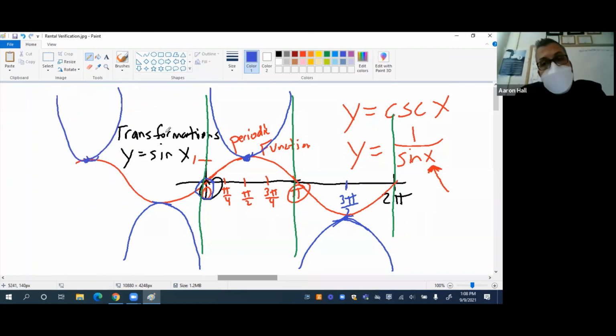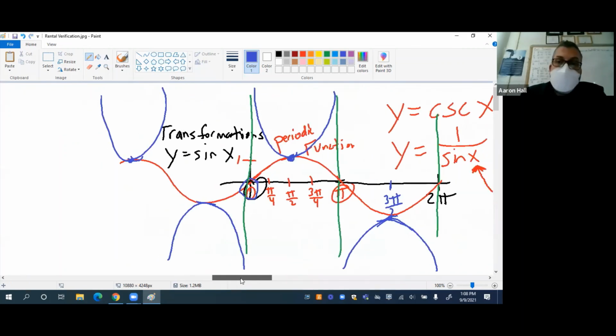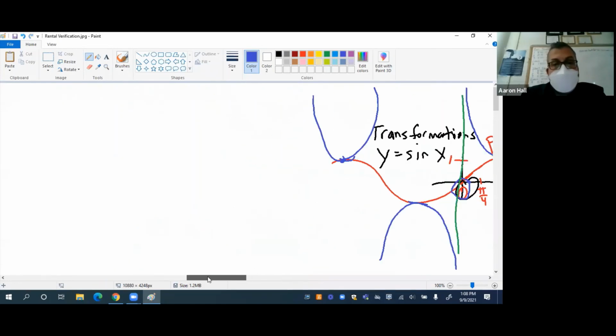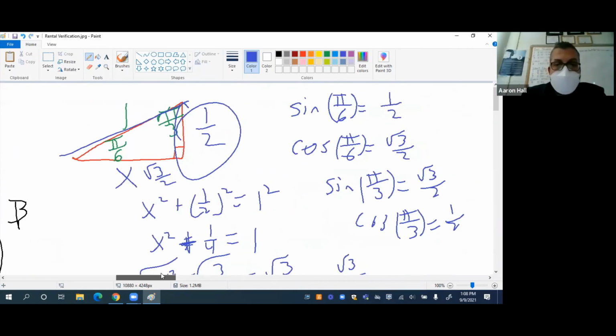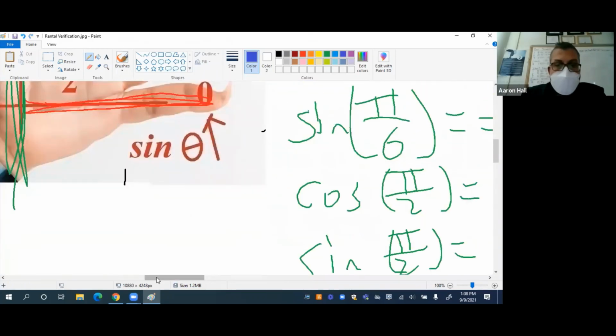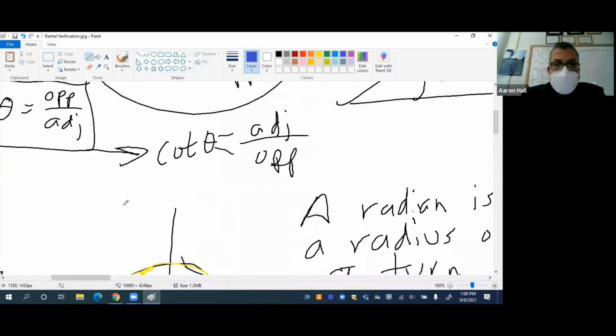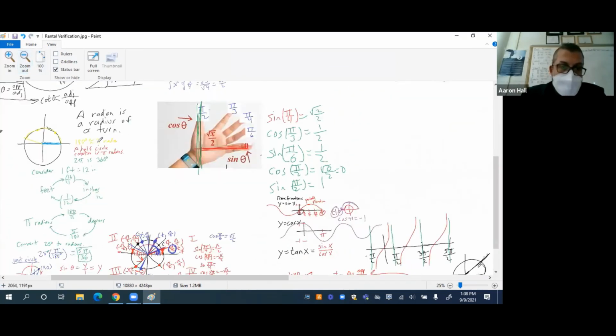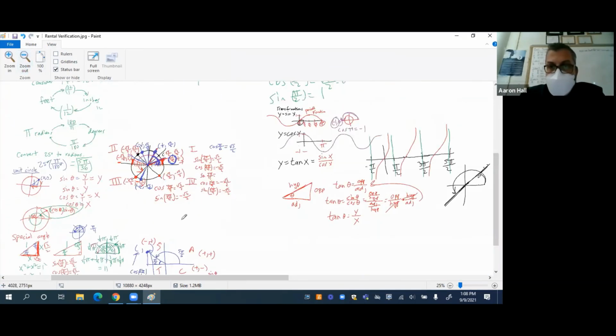Knowing this information, any guesses on how to do secant of x? Which graph should I grab for secant? Cosine. Let's go grab cosine. Where's my cosine? What did I do with cosine? I don't know where it is. I'll have to zoom out. We have cosine. Oh, here it is over here.